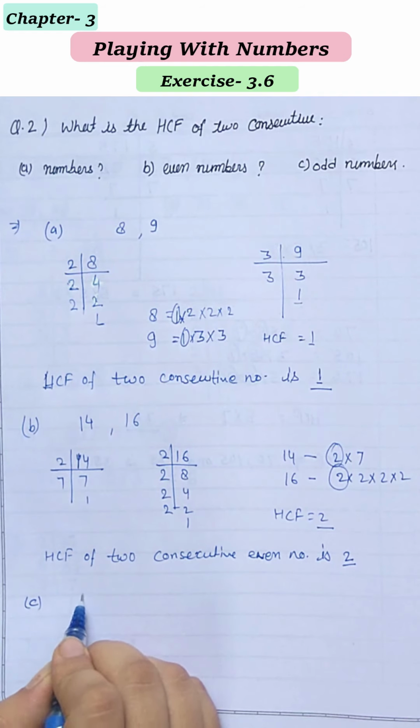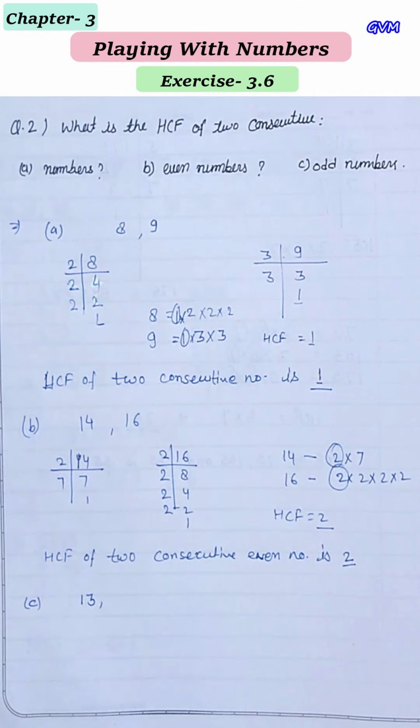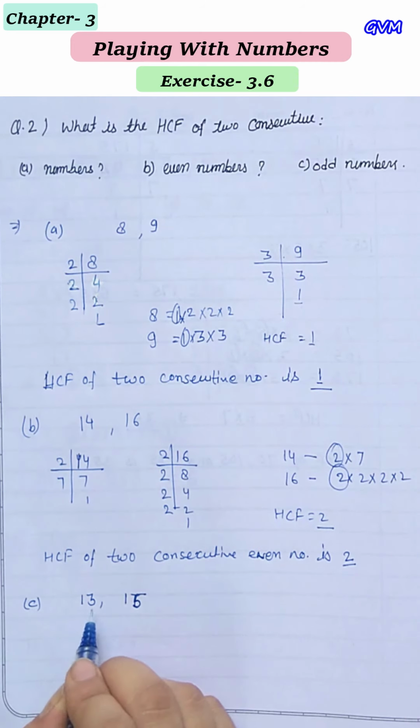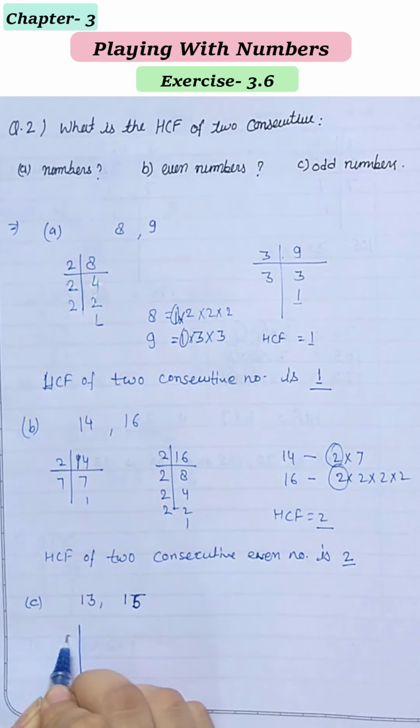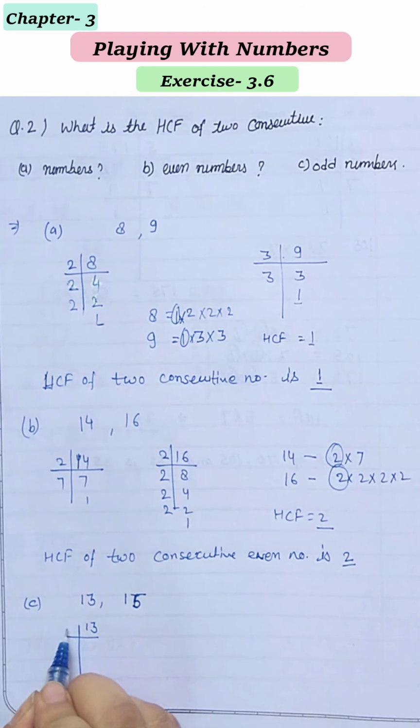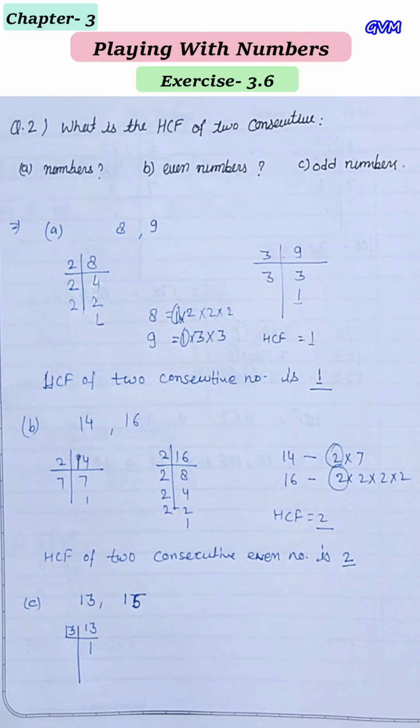We have 13 and 15. Okay, these are two consecutive odd numbers, because one odd number comes after the other. So factors of 13: 13 can be divided only by 13, so 13 ones are 13.